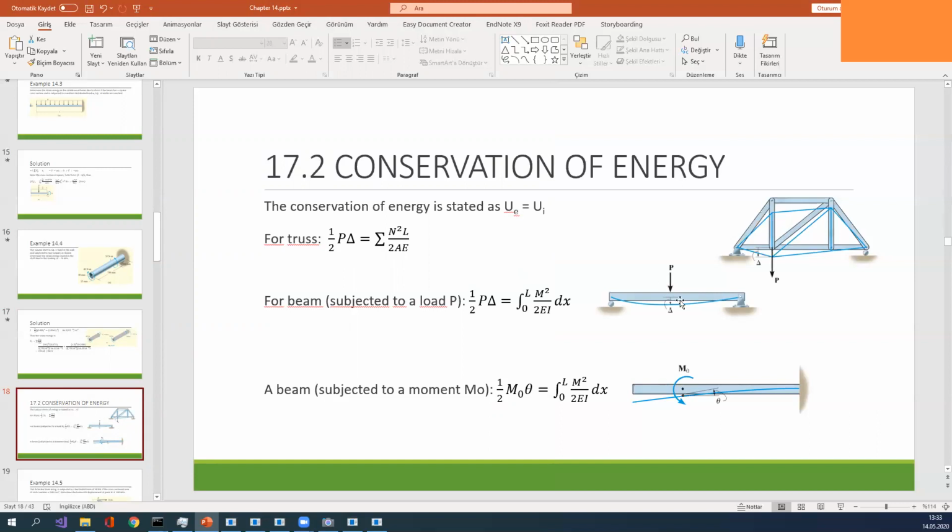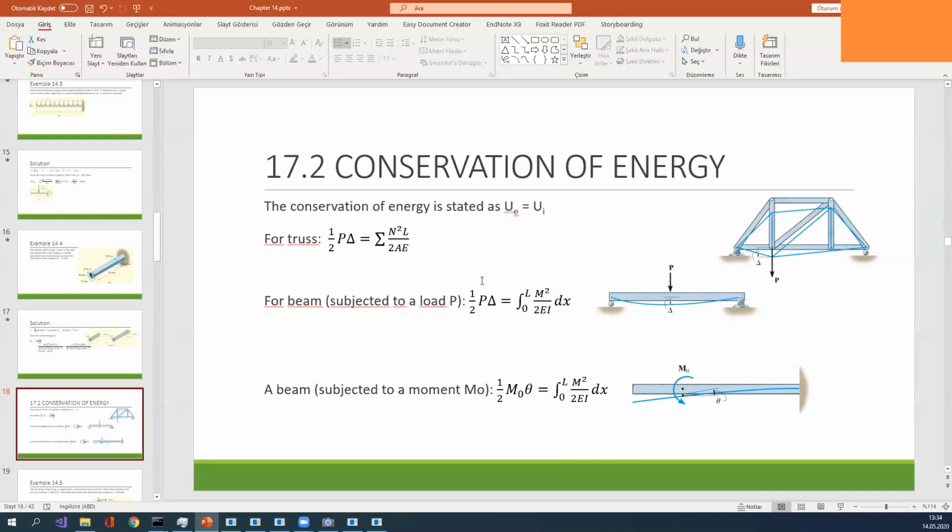Also, we have an external load anywhere on the beam and we want to measure the displacement delta here. We calculate it using 1/2 P times delta equal to the integral of M squared over 2EI dx. Similarly, sometimes we need to measure the slope instead. If we have a moment and want to measure the slope, 1/2 M times delta is again equal to the integral of M squared over 2EI, the energy for the bending moment.